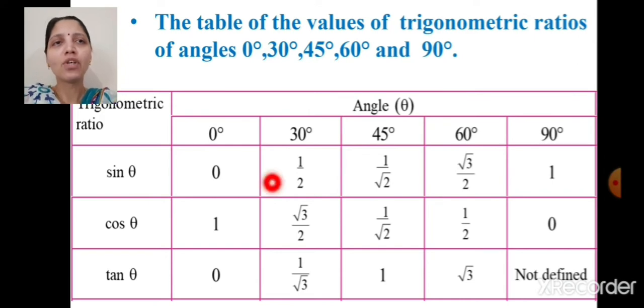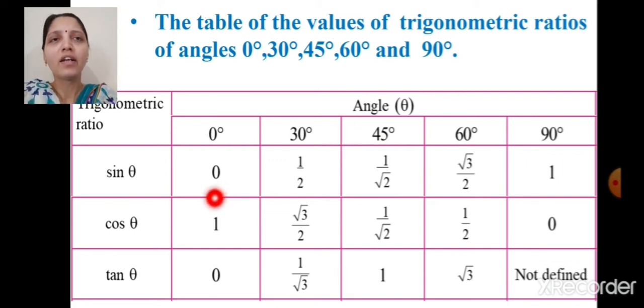Okay, so here on the left hand side we are going to consider the trigonometric ratios, that is sine theta, cos theta and tan theta, and on the right hand side we are going to write all the angles. So here first I have considered 0 degree, then 30 degree, then 45 degree, 60 degree and then 90 degree. Now there are different acute angles also, but these are the standard values we are going to consider.